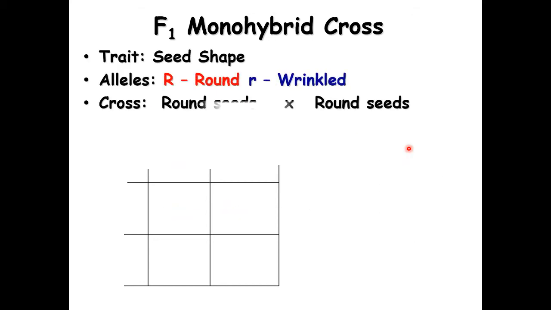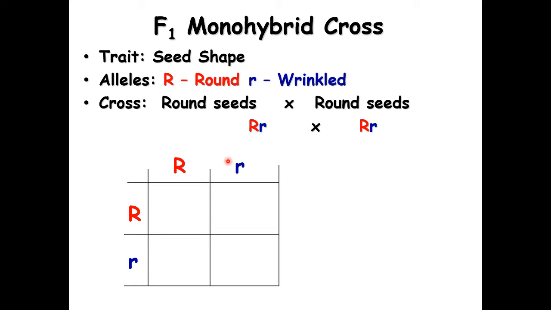Now when he did the second round of crossing, remember the wrinkle disappeared and then it reappeared again in F2 when he crossed the F1 generation together, right? So that F1 is heterozygous. So when you do the law of segregation, 50% of the gametes will be big R and the other 50% will be small r.